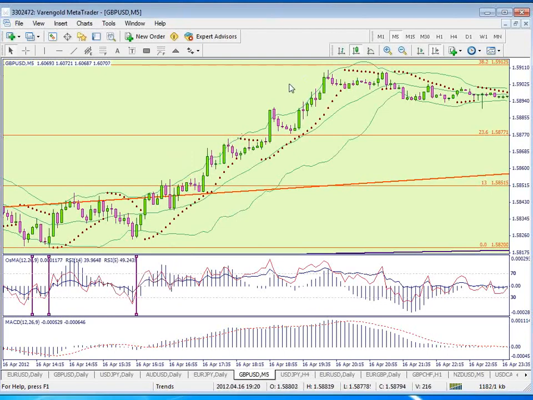Saxo has something like this. So you have to consider the lot, you have to consider the equity, and you can go. You have to go for bigger targets. So the spread is important when you like something like scalping.